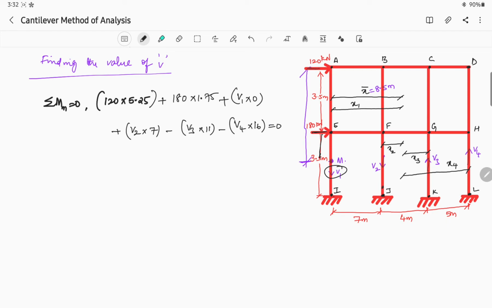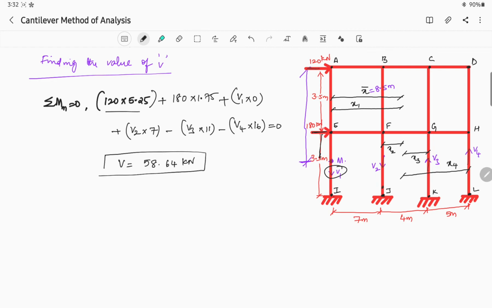Okay, so if you substitute the values of V1, V2, V3 and V4 here in this equation, you will get the value of V. This value you will get as 945 plus all these values. If you substitute directly, you will get the value of V, which is equal to 58.64 kilonewton.